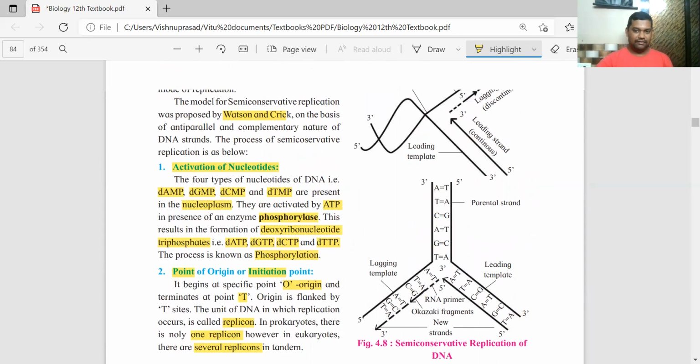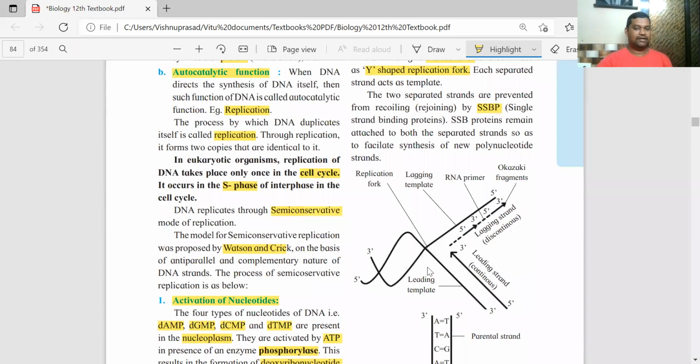When this separation happened, you can see this is one parental strand and this is another parental strand. The two parental strands are called the templates. A template is the reference strand on the basis of which the new strand will be made.